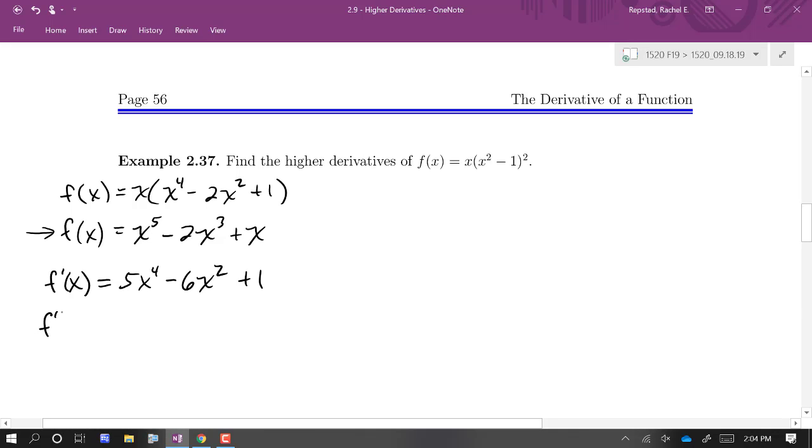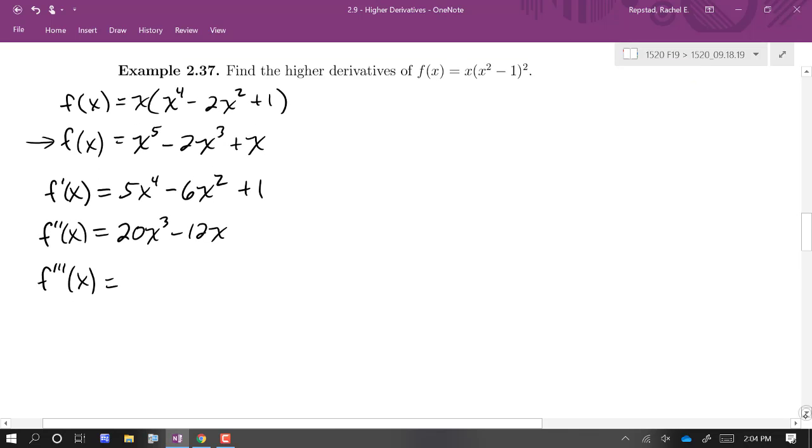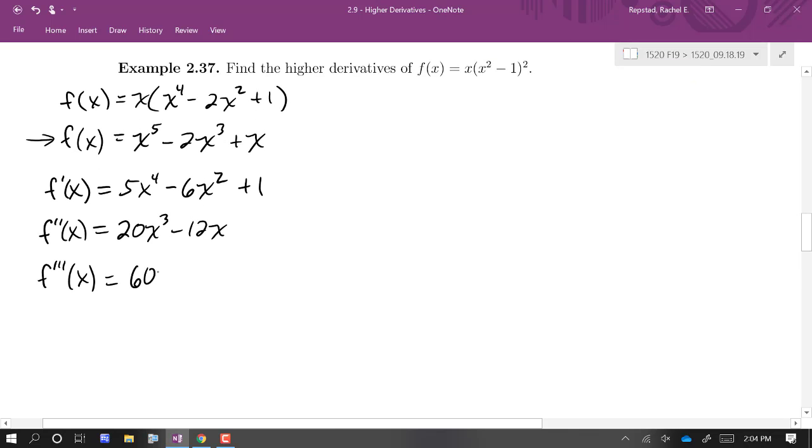What's the second derivative? 20x to the 3rd minus 12x. How about the third derivative? 60x to the 2nd minus 12.